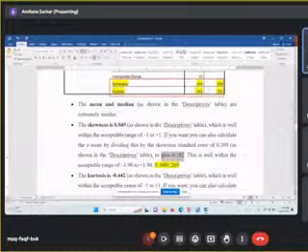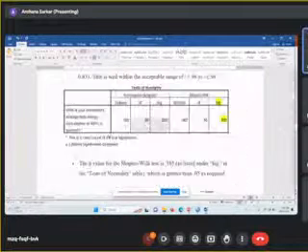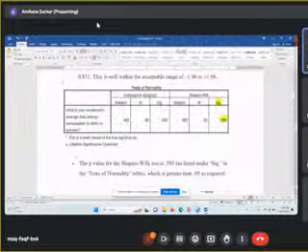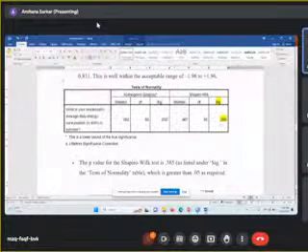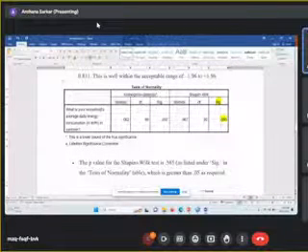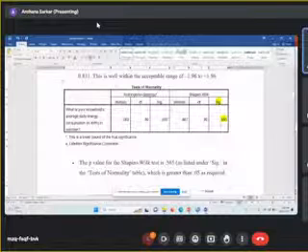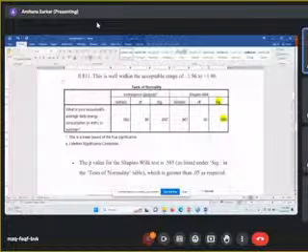The next table is the test of normality. The normality test we are using is the Shapiro-Wilk test. Now in hypothesis testing, we reject the null hypothesis when our p-value is less than 0.05. But in a test of normality, when the value is greater than 0.05, in that case we do not reject the null hypothesis.